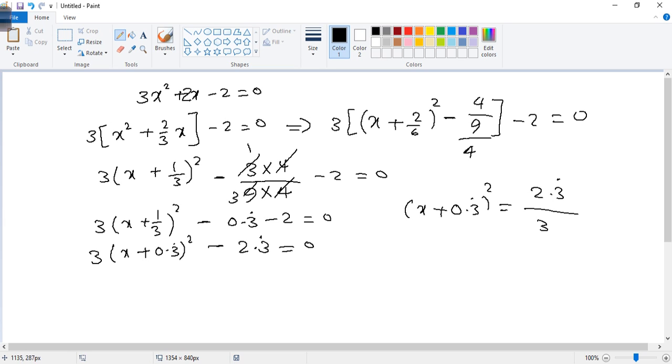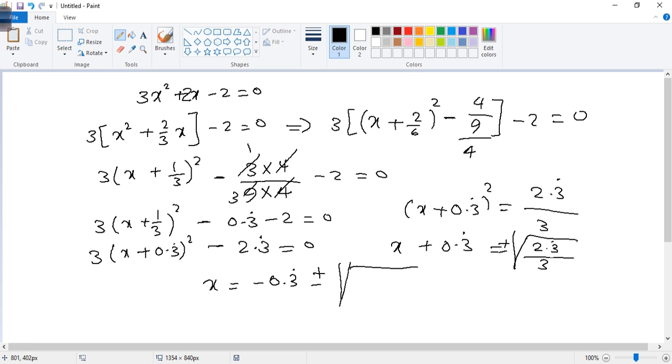So square root both sides, it will be x plus 0.3 recurring equals plus or minus the square root of 2.3 recurring divided by 3, and then we move this to the other side: x equals minus 0.3 recurring plus or minus the square root of 2.3 recurring divided by 3.